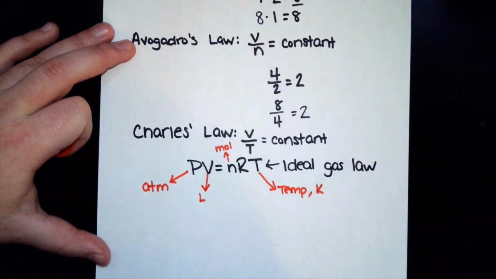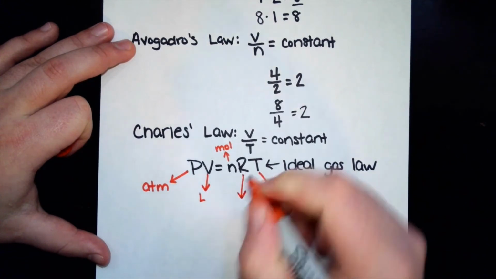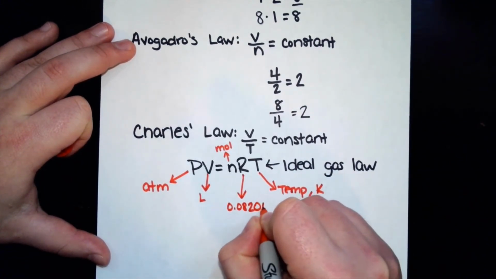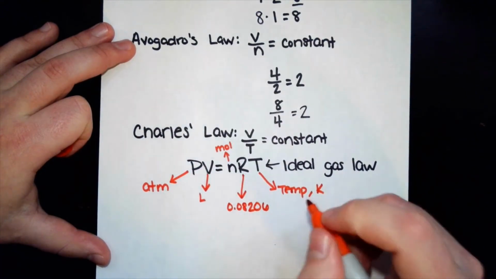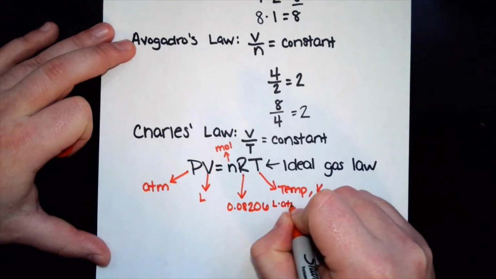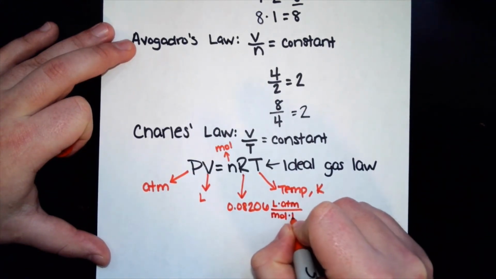So now R. R is a gas constant. Its value is 0.08206, and its units are liters times atmospheres divided by mole times Kelvin.